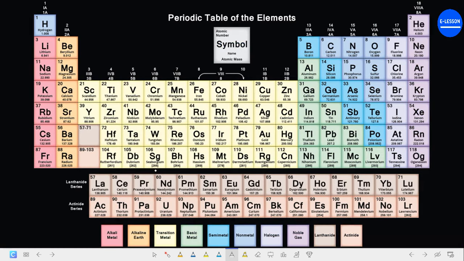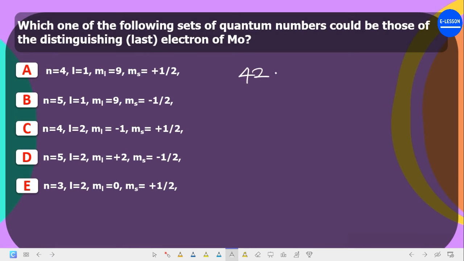Molybdenum is 42. This molybdenum here, 42, so it has 42 electrons. So you come here and say 42 electrons. Now, what will be the electronic configuration for 42 electrons?